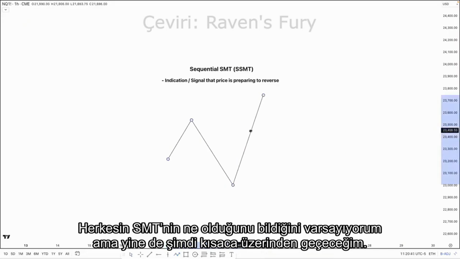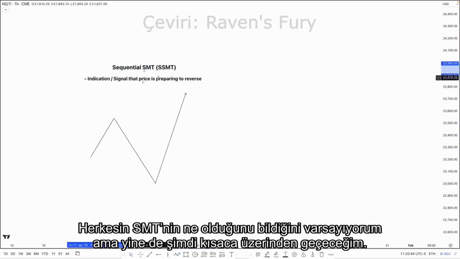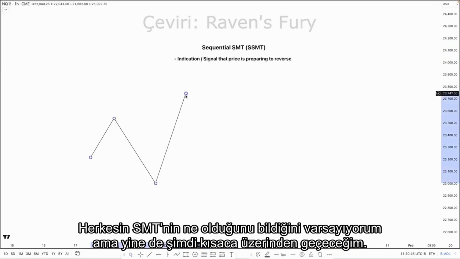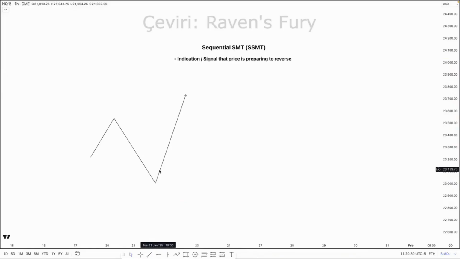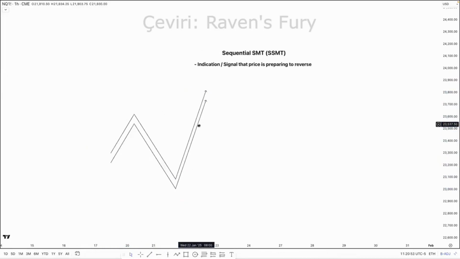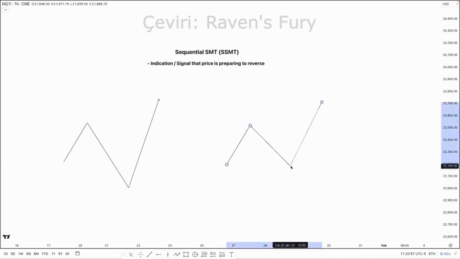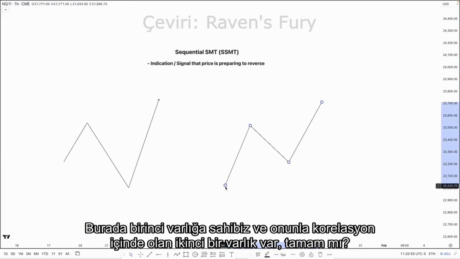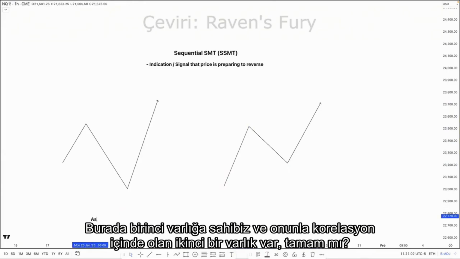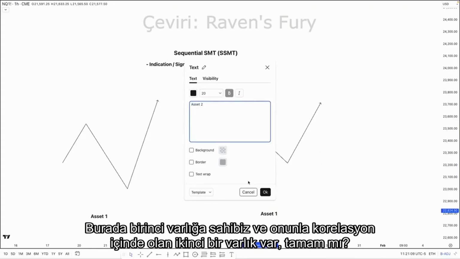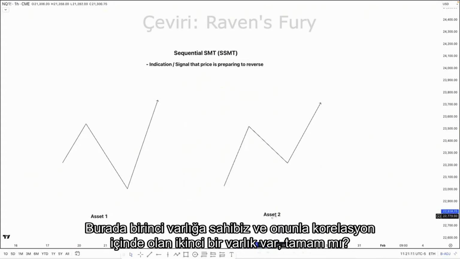I'm assuming that everybody knows what SMT is, but I will quickly cover it now. So here we have asset 1 and we have asset 2, which is a correlating pair.